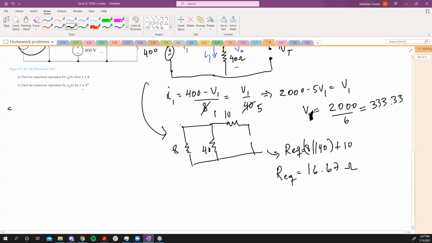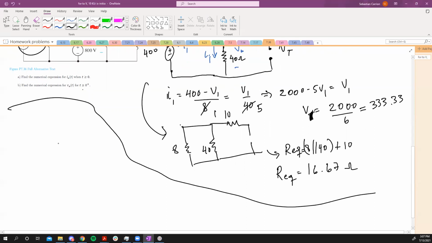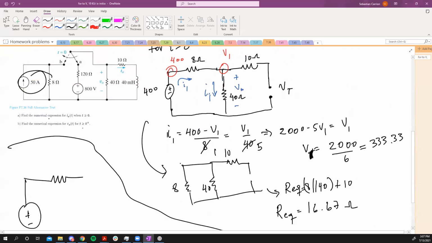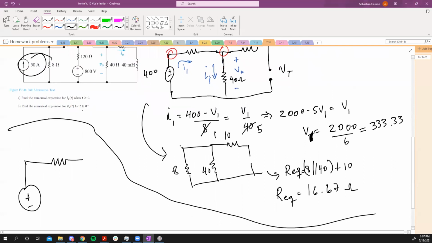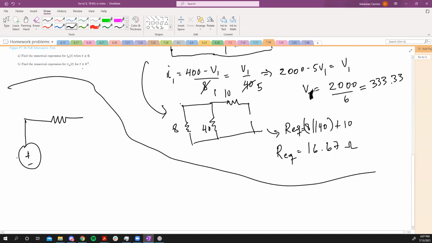So our next step would be to put this equivalent here, voltage equivalent. So we have V1, V1, V naught. So these 333.33 volts, 16.67 ohms.